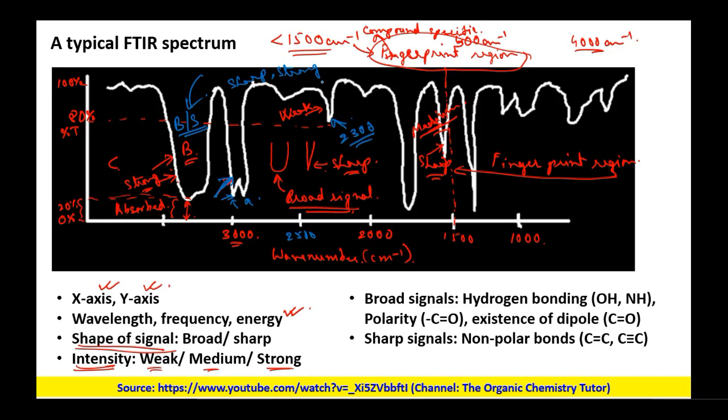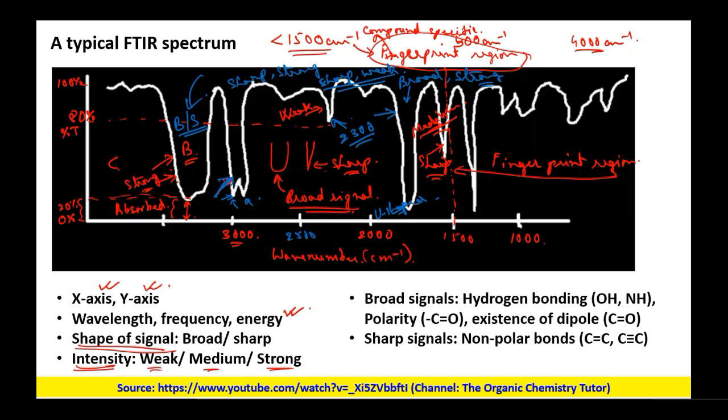This peak is a sharp and weak signal. It has a sharp shape, but its intensity is low. If you look over here at this signal component, it is U-shaped, so it would be a broad and strong signal. Likewise, in this way, we categorize this kind of signals.